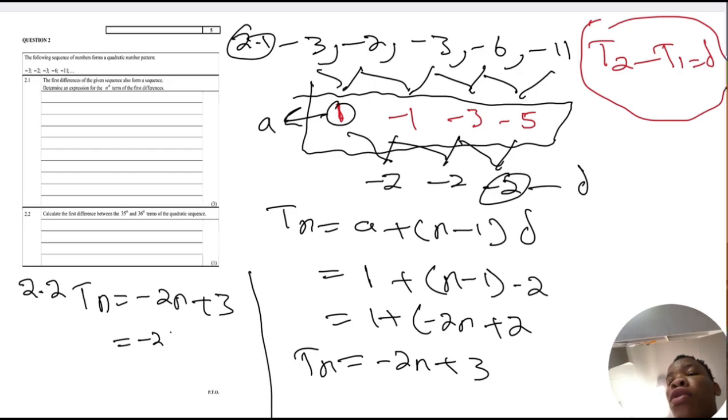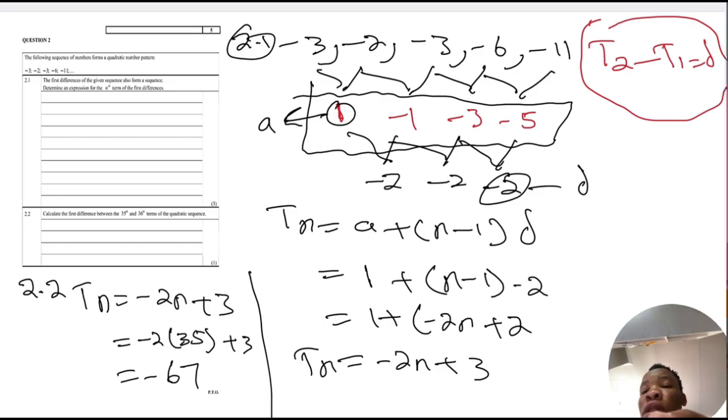Therefore, we'll have negative 2 into 35 plus 3, which gives us negative 67. This is the T35.